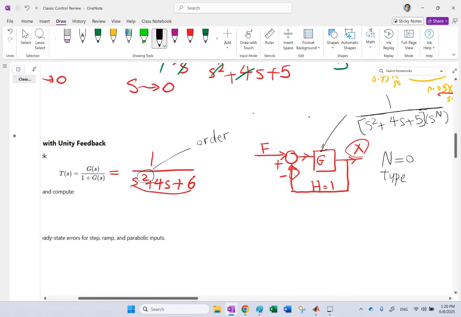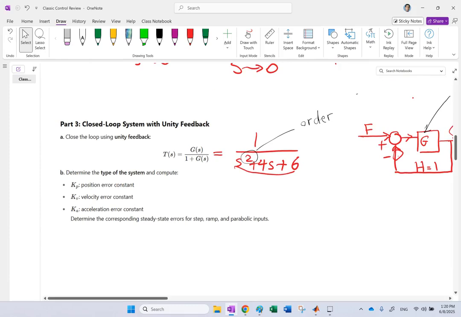And as you know, in a type 0 system, the system can follow the step input with a steady state error, but in response to a ramp and acceleration or parabolic input, the steady state error is infinity.